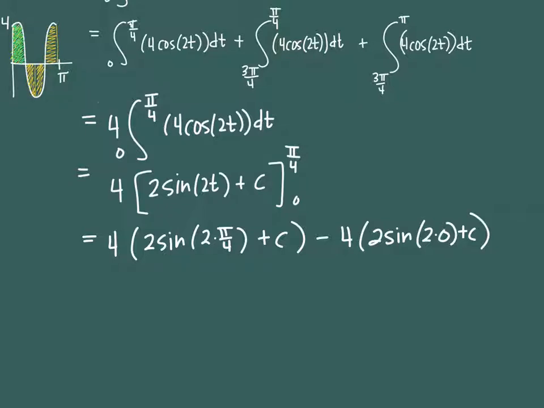I already reduced that; I just took the same antiderivative I had from before. My c's are going to cancel out, and this 0 term will be gone. So I'm really just left with 8 sine of pi over 2. 4 times 2 are the coefficients, and then sine, reduce that. The sine of pi over 2 is 1, and so 8 is the total distance traveled over this region.